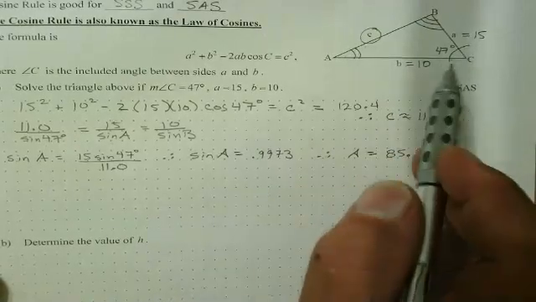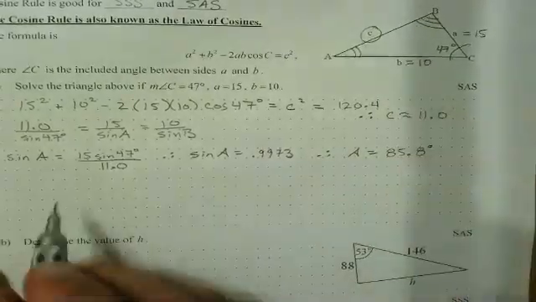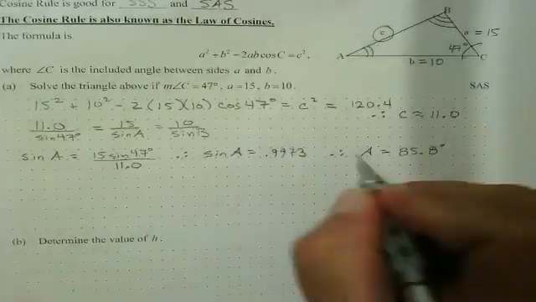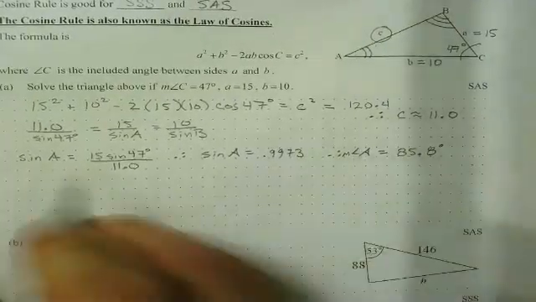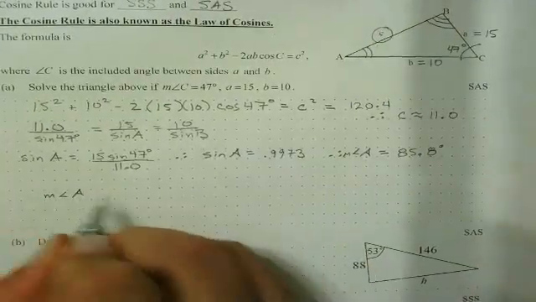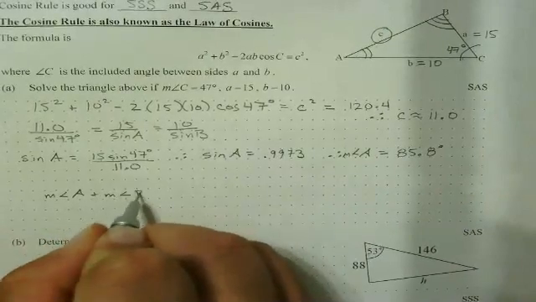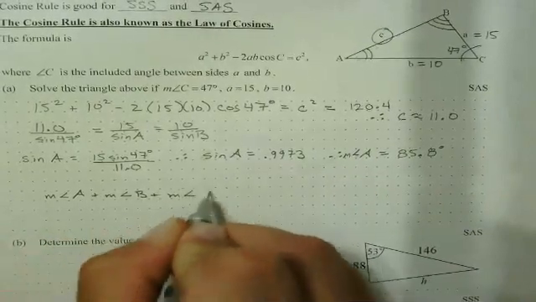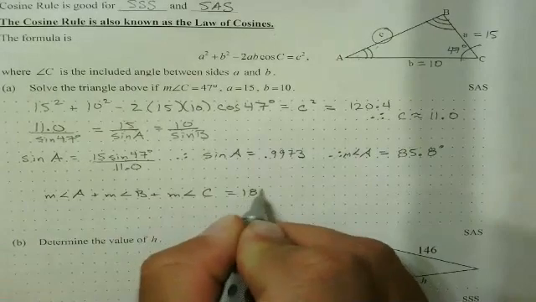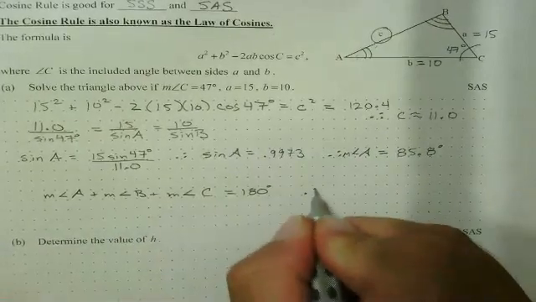Well, if I know two angles, then clearly I know the third. The measure of angle A plus the measure of angle B plus the measure of angle C is going to be 180 degrees.